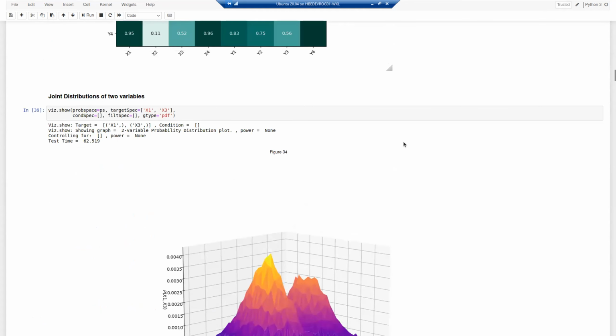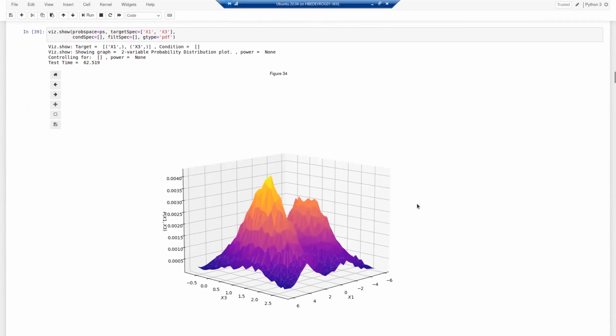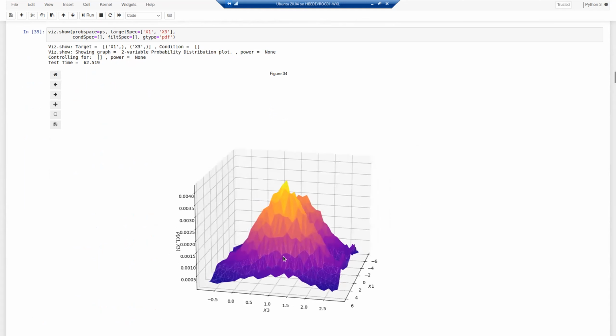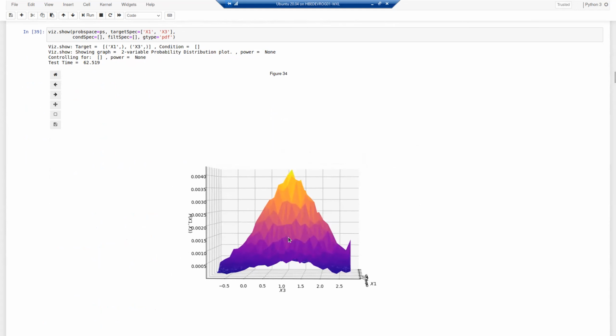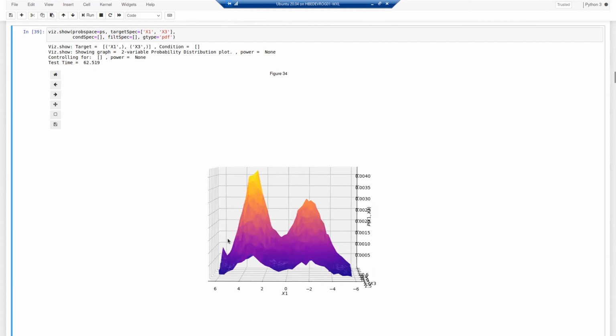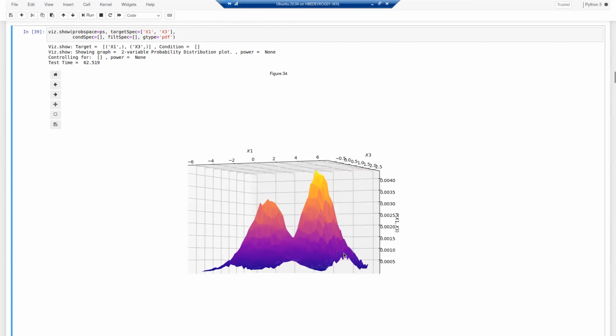So now let's take a look at a different approach. Let's take a look at the joint distribution of two variables. Here we're looking at x1, which was the bimodal distribution, and x3, which was the truncated bell curve. If you look at the joint distribution from one end, you see the projection of x3, the truncated bell curve. If we look at it from the other side, we get a picture of x1, the bimodal distribution.